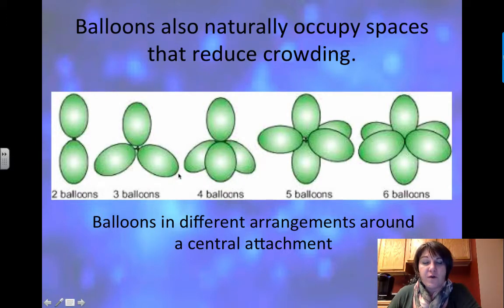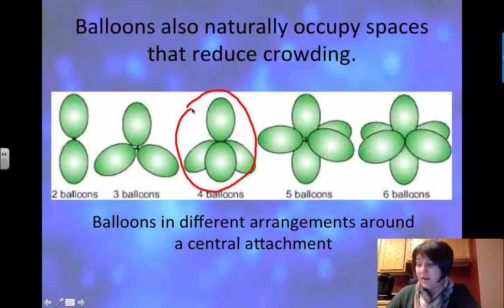If I were to put four balloons together, then I would have a tetrahedron. And that's the shape that we started with in class when we were looking at molecular geometries, just four domains of electrons. But we could also have five domains, where we would have, say, a triangle around the equator, and the axis would be straight up and down.